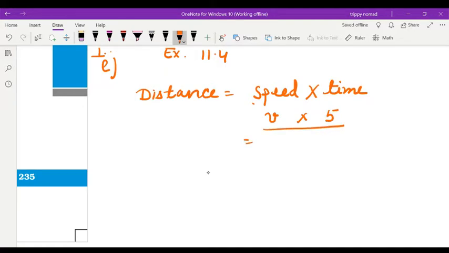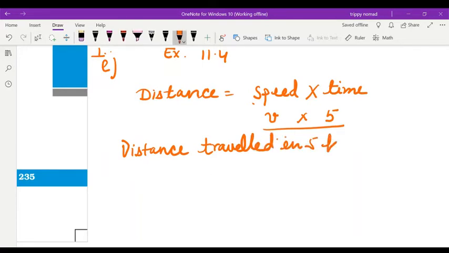So how much distance traveled in 1 hour? 5 hours. What we have to find out? Distance traveled in 5 hours. That is 5V.